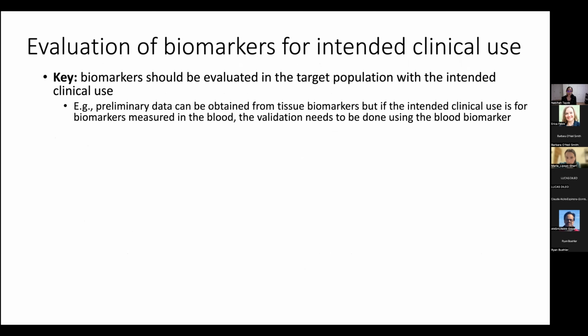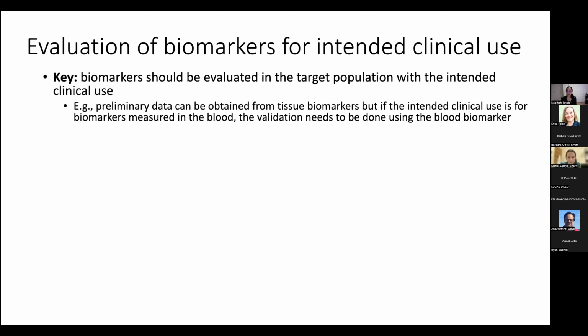Another thing to be thinking about is that sometimes we can do the initial discovery in a different source. For example, you could have tissue biomarkers to identify certain targets that you're interested in, but your intended clinical use is to have the biomarkers be measured in the blood. So you want a non-invasive test to be able to do the biomarker evaluation.